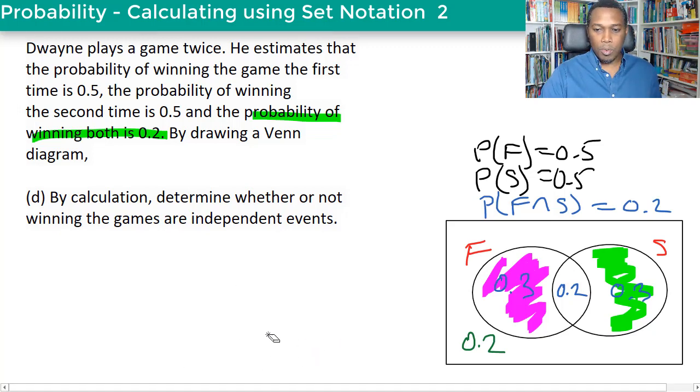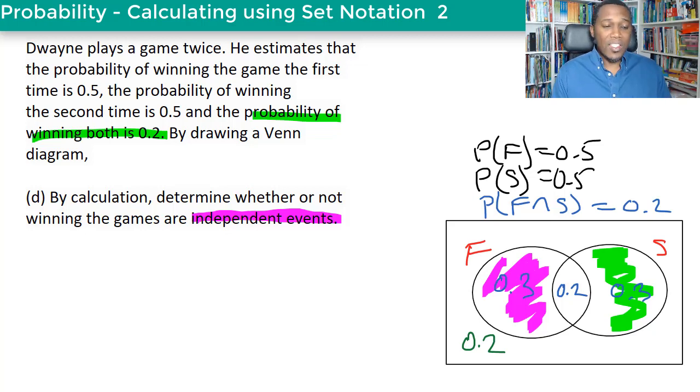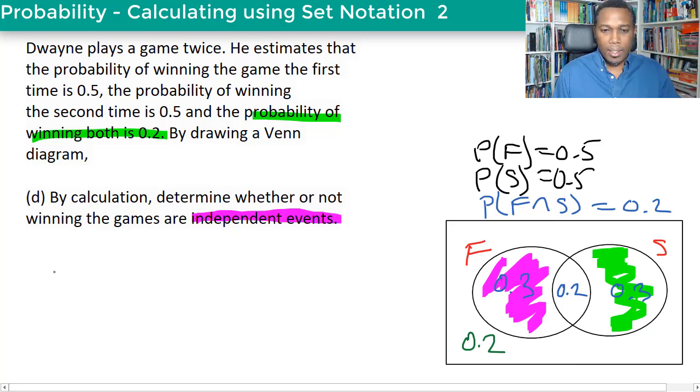So for independent events, this is the test you need to make. You want to test if the events are independent.